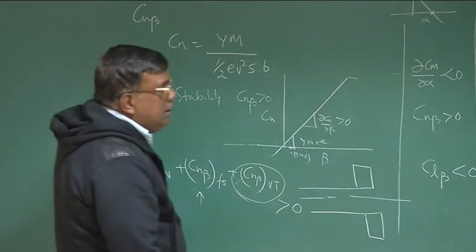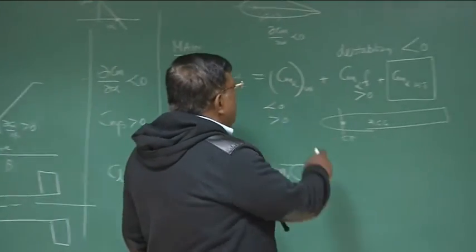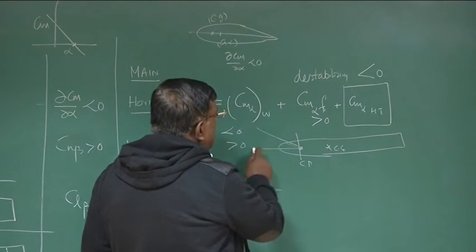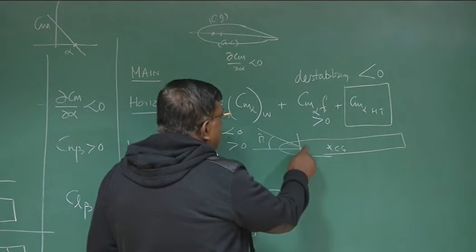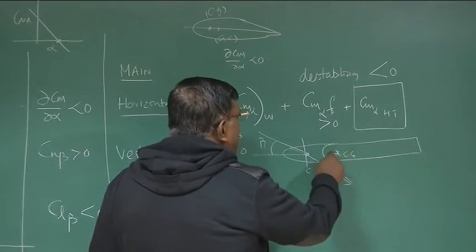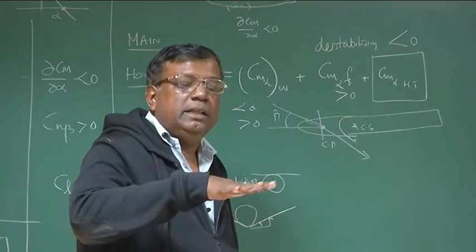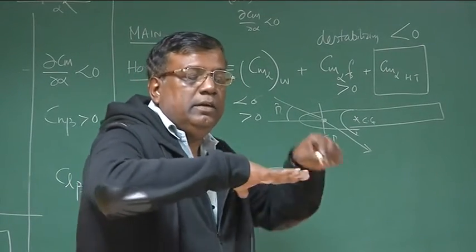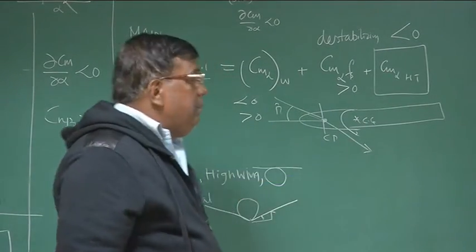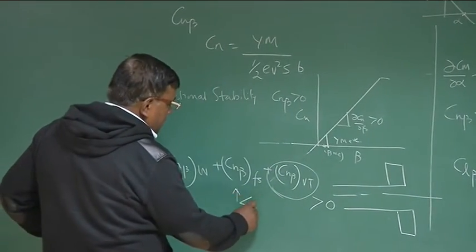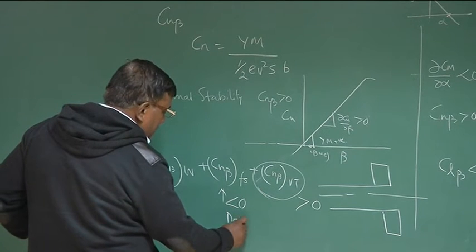Based on this understanding, if there is a positive beta, this will give a force in this direction, and that will give a moment which will take the left wing backward. That is, if I am moving like this, the force is here, that will take the left wing towards the back, and Cn beta is less than 0, so for the fuselage, Cn beta is less than 0, it is destabilizing.